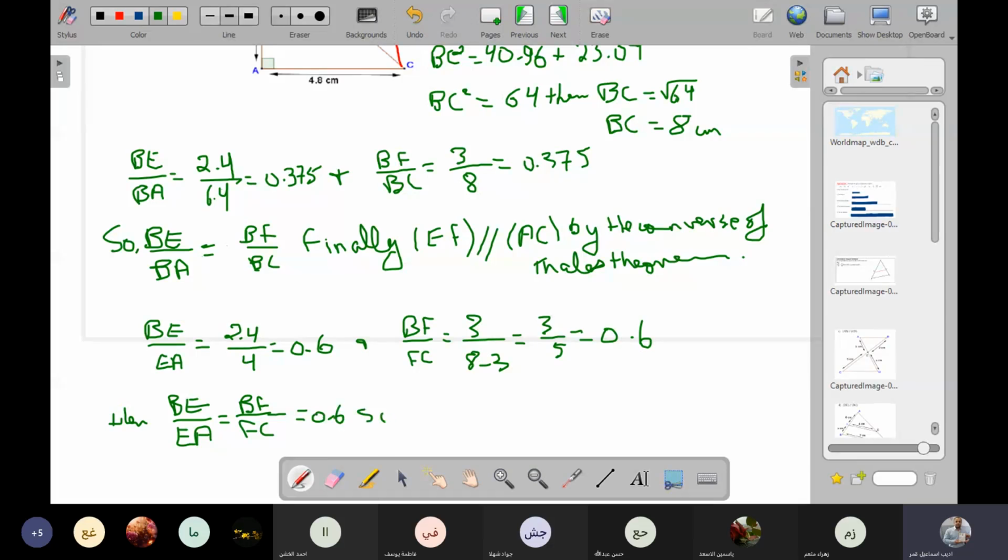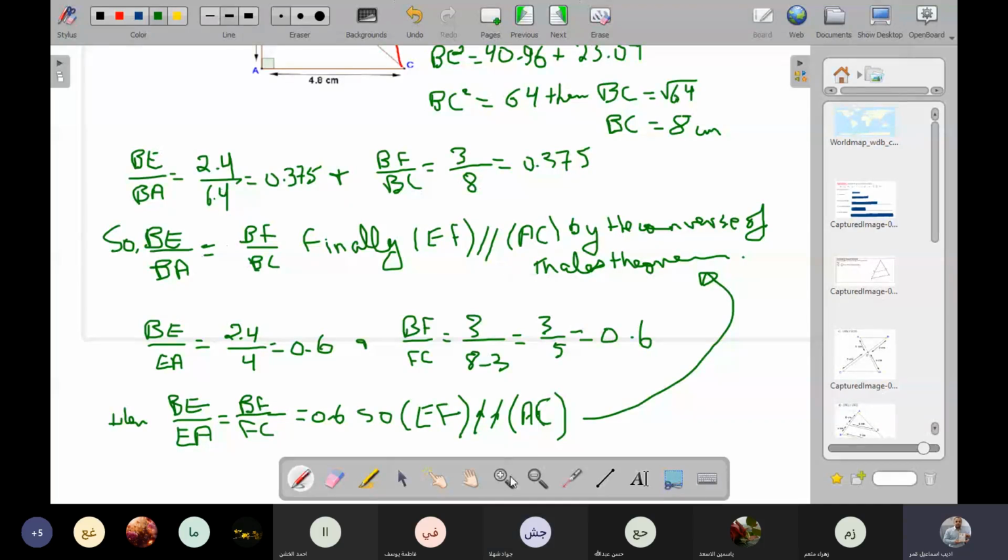So EF is parallel to AC by the converse of Thales theorem. Okay, with the same reason, by the converse of Thales.